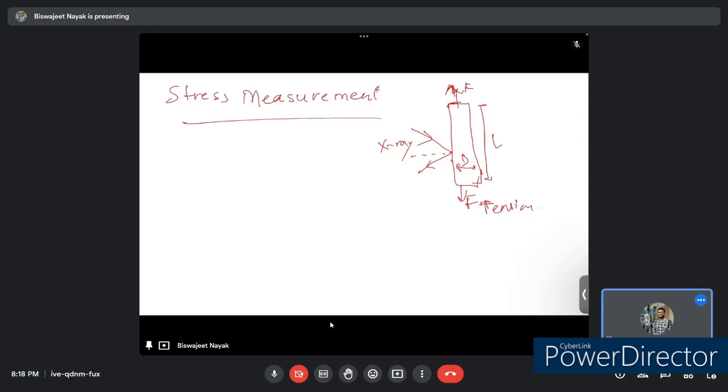Here the stress direction is the y-axis, this is the z-axis, and into the surface is the x-axis. The stress is given by force by area, and this is only normal stress acting. There is no shearing present here.